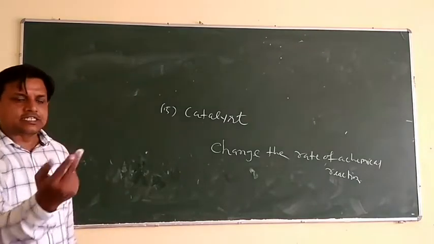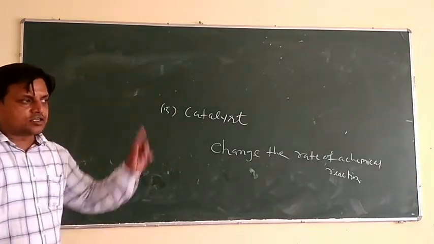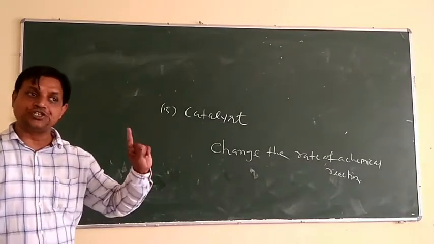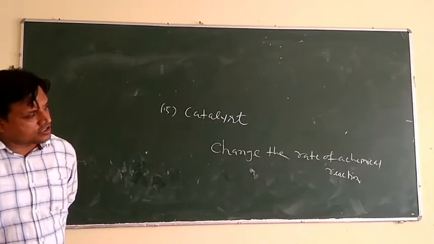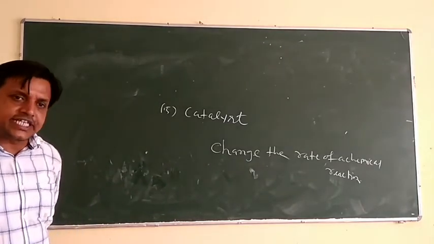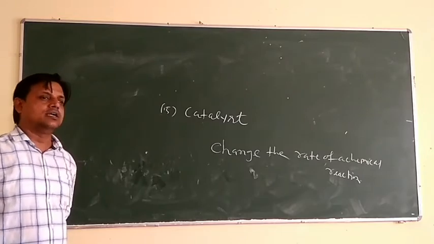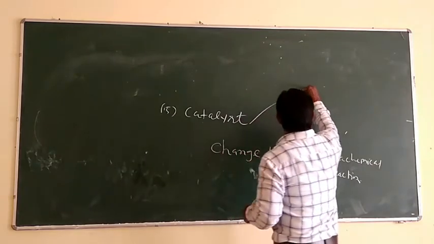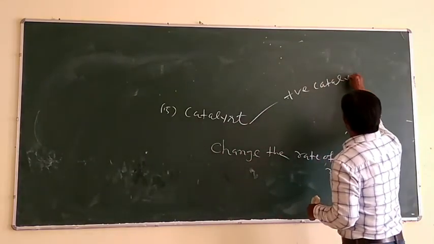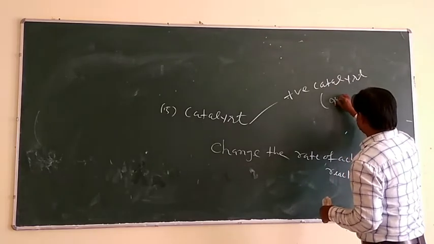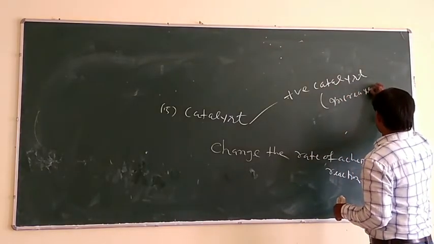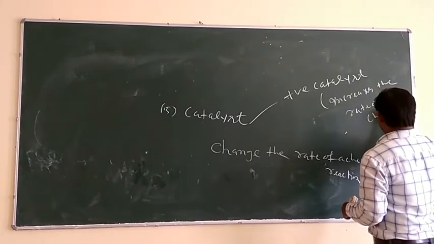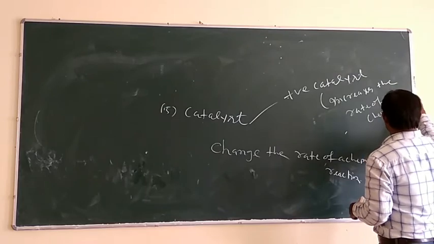Catalysts may be of 2 types. There are certain catalysts which increase the rate of chemical reaction. They are called positive catalysts. And there are certain types of catalysts which decrease the rate of chemical reaction, and they are called negative catalysts. So catalysts are of 2 types. One is a positive catalyst, which increases the rate of chemical reaction.